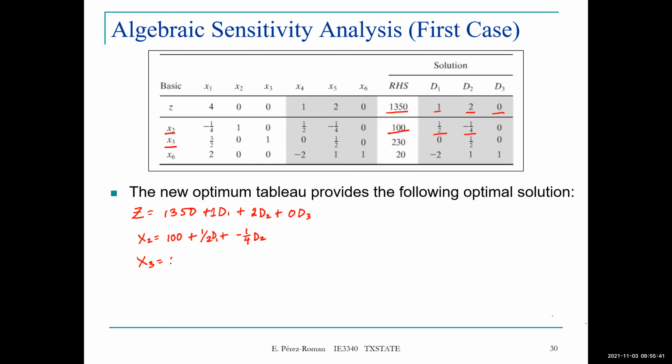X3 is going to be equal to 230 plus 0 D1 plus 1/2 D2, and X6 is going to be equal to 20 plus minus 2 D1 plus 1 D2 plus 1 D3.